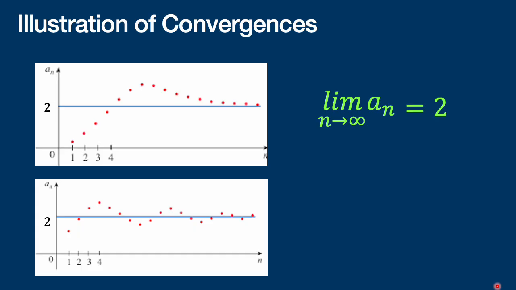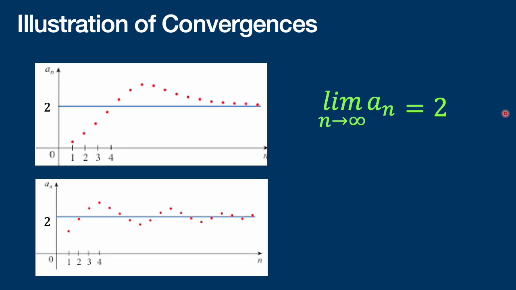Look at the second one, guys. The second one is another example of convergence. The sequence behaves a little differently from the first graph. This one goes up, goes down, goes up, goes down, but the end behavior is that the sequence gets closer and closer to y equal 2.